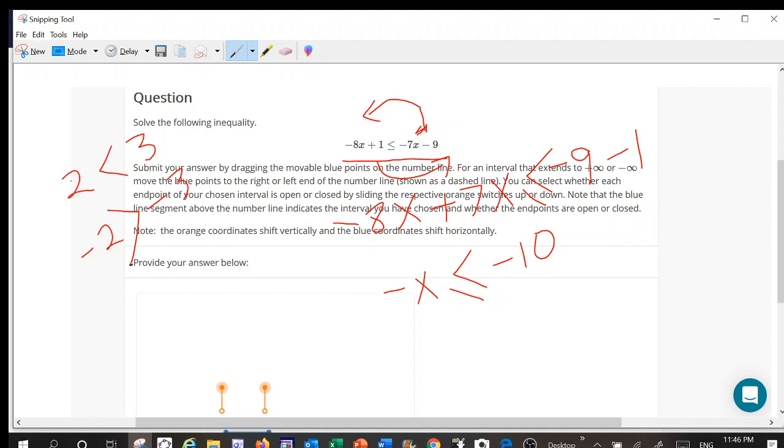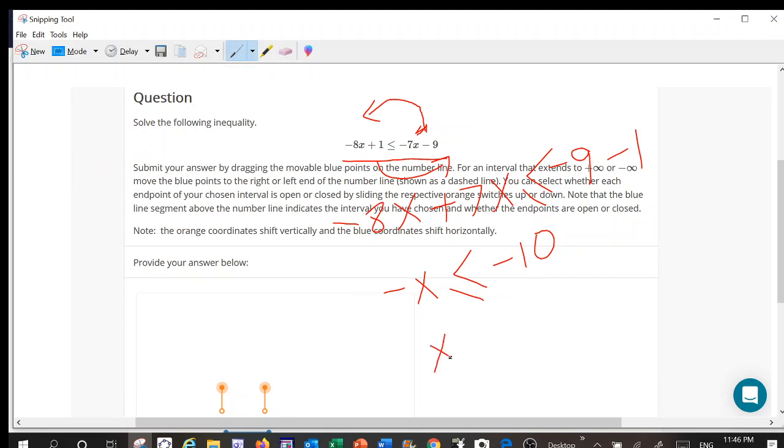You have to change the direction. Because on the number line, negative 3 is here and negative 2 is here. So negative 2 is actually bigger, I mean to the right of negative 3. So that's the only catch: if you divide or multiply by a negative number with inequalities, you have to switch the direction.